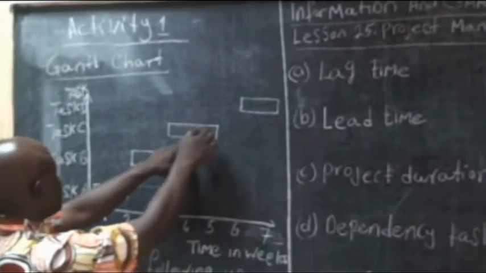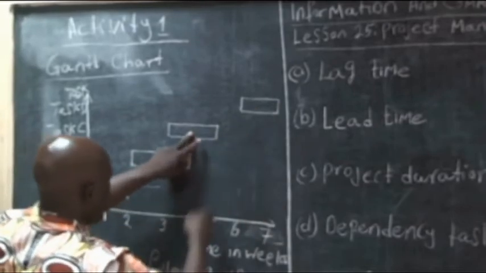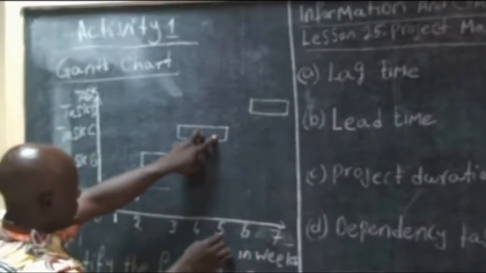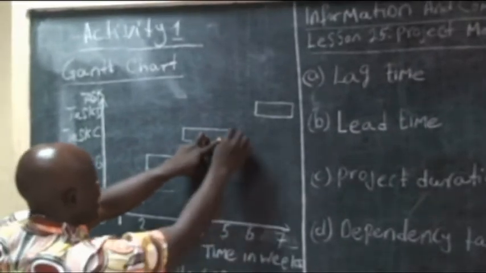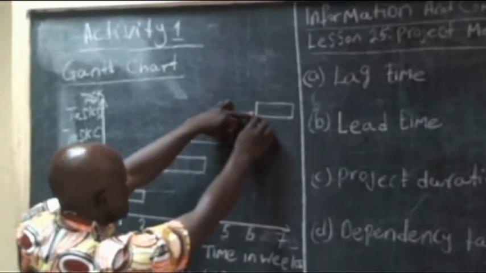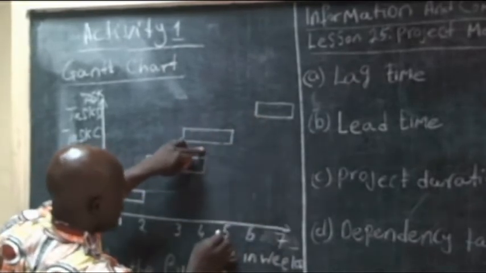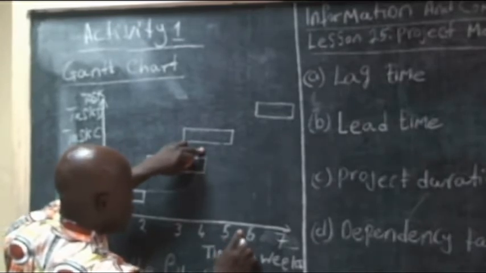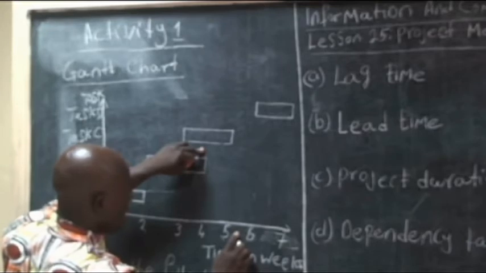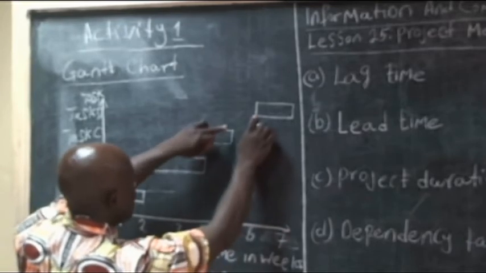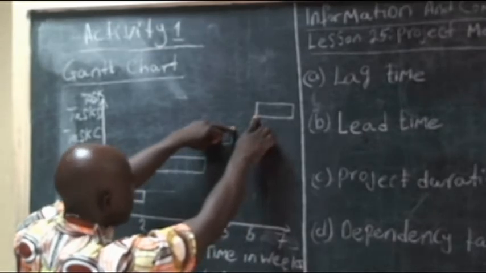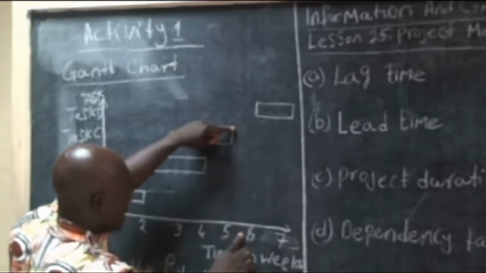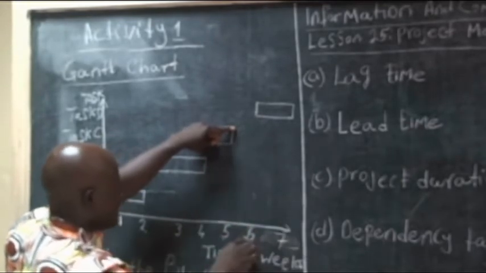We move on to activities C and D. When we look well, activity C will end on the 5th week, and before activity D commences, between the 5th and the 6th week, it shows that nothing will go on here, and this gap here is what we refer to as the lag time, because there is a time gap that takes place here before the next activity starts.